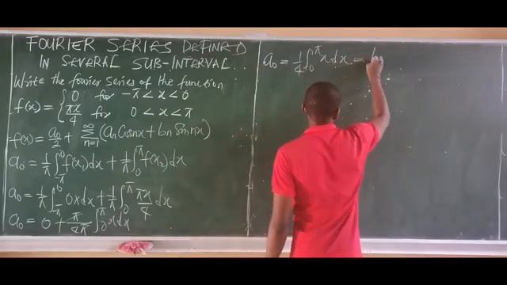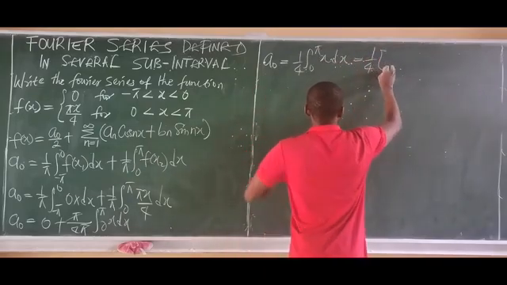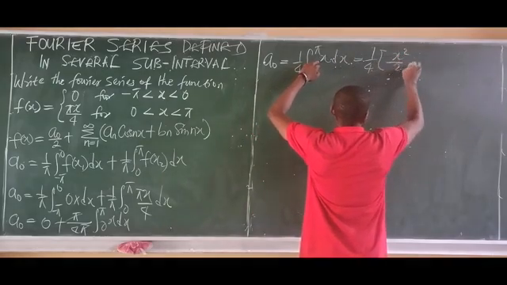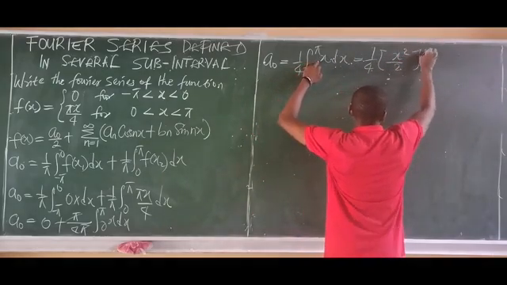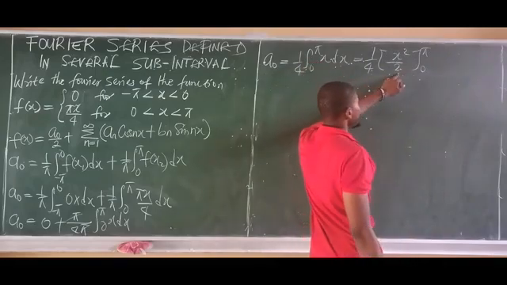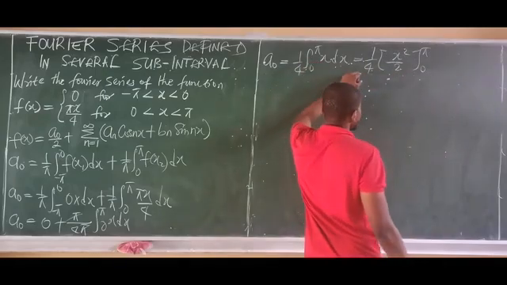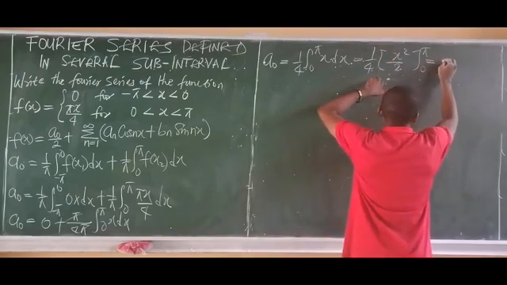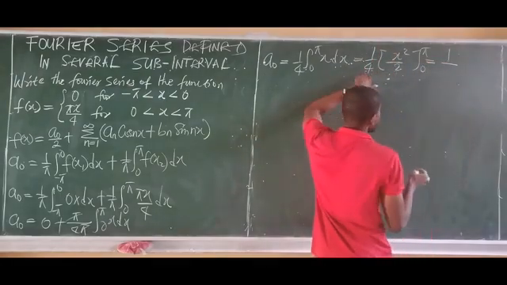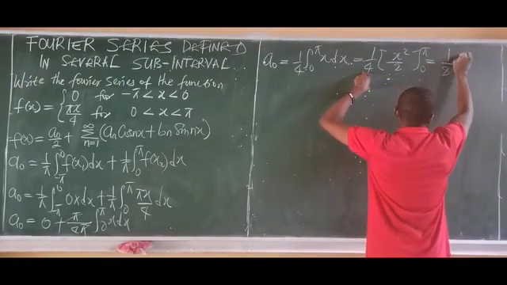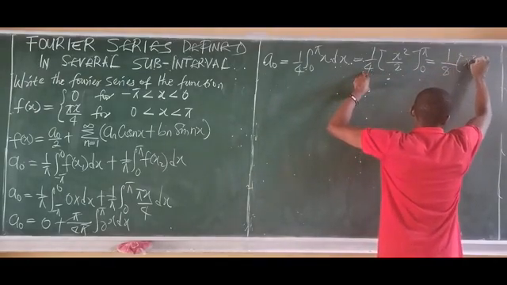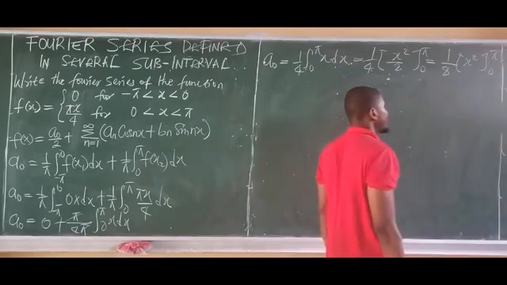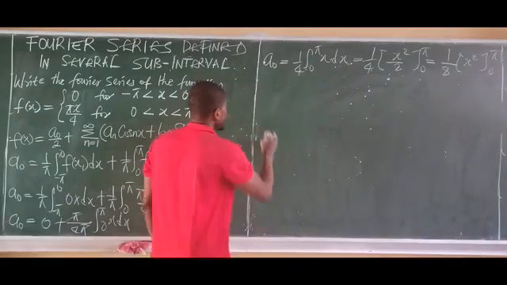So this is equal to 1 over 4. If I integrate x, I'm going to have x squared all over 2 from 0 to pi. I can pull out this 1 over 2 outside this integral sign. This becomes now 1 all over 2 times 4, which is 8, so 1 over 8. So I'm left with x squared, and my limit is from 0 to pi. Alright, so at this juncture, you attain the limit.